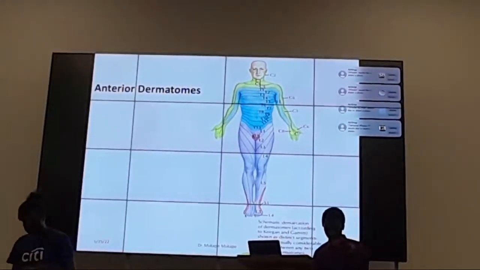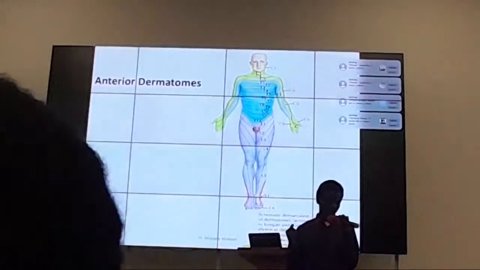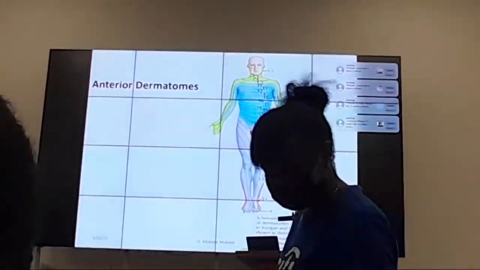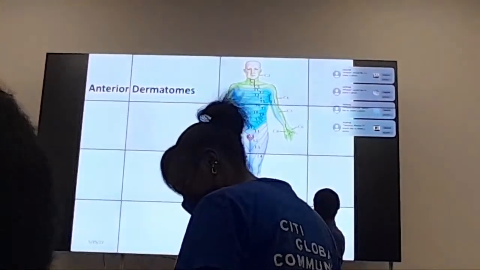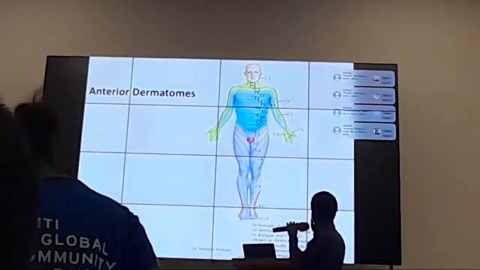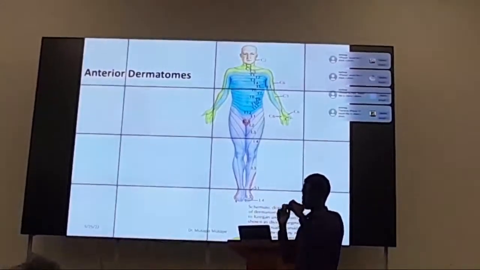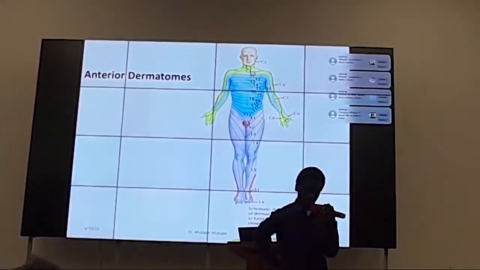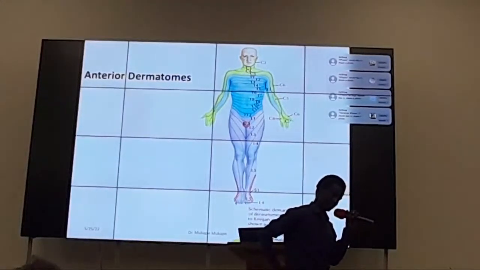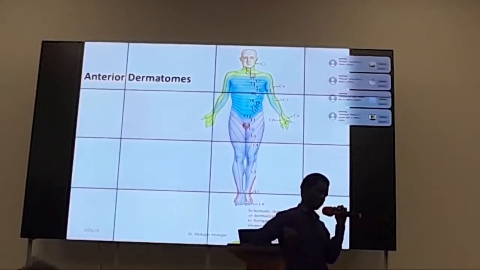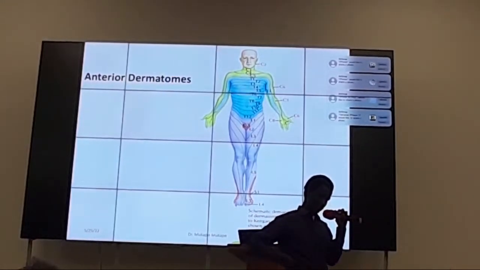Yeah, so this diagram is just showing the dermatomes, okay, you can know what level you are at if you test the patient. Let's say you give a patient spinal anesthesia here, and then you want to assess whether you have a high spinal or not. You can assess at the level of the umbilicus, you can prick the patient there.